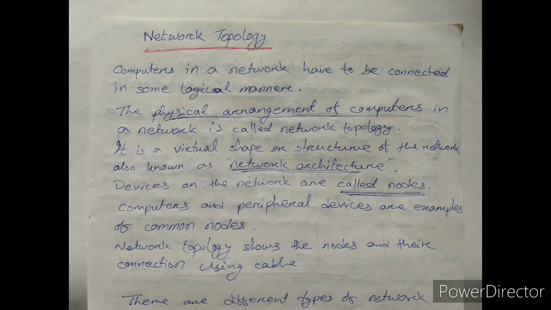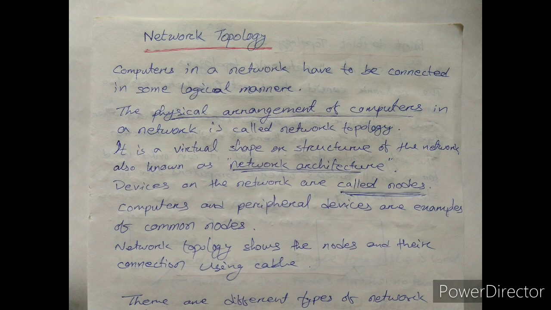When we arrange those computers physically, like one after another, aligned in a line or put in a round, that physical arrangement of the computers in that network is called network topology. So we can say it is a virtual shape.